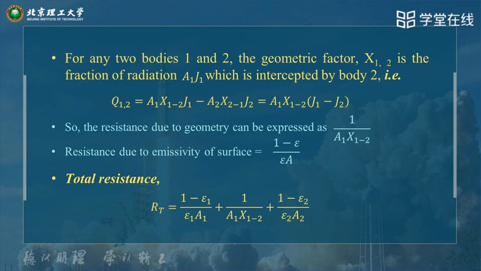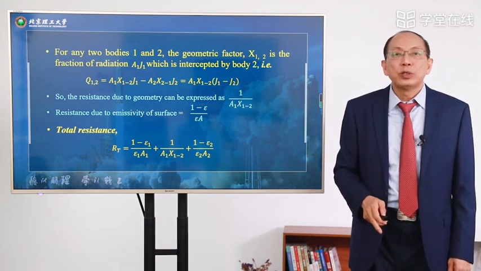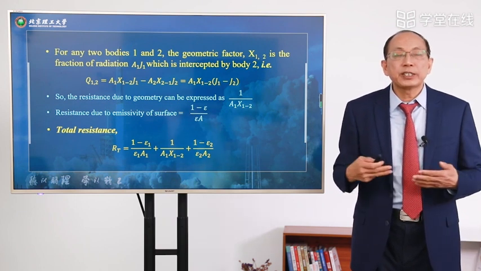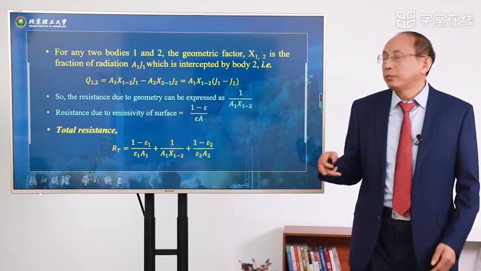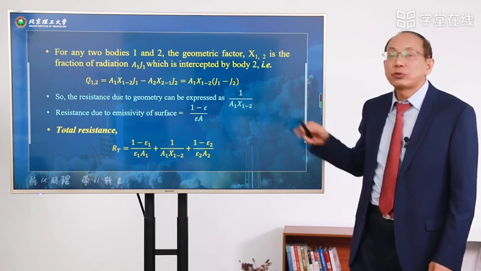That's to say, the heat exchange between body 1 and body 2, Q1,2, equals A1 x1 to 2 J1 minus A2 x2 to 1 J2, which equals A1 x1 to 2 times J1 minus J2. So, the resistance due to the geometrical factor can be expressed as 1 over A1 x1 to 2.